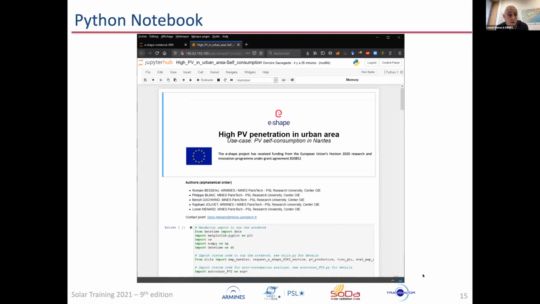Benoit and Raphael really supported us to make sure that all this IT stuff was transferred and properly working on WEkEO, which was new to us as well. So thanks to all of you. Now you see that this notebook is ready to be tested, and this is basically what we'd like to offer to you now.